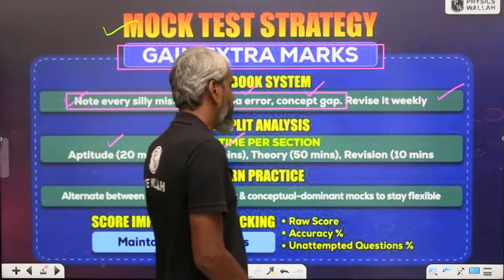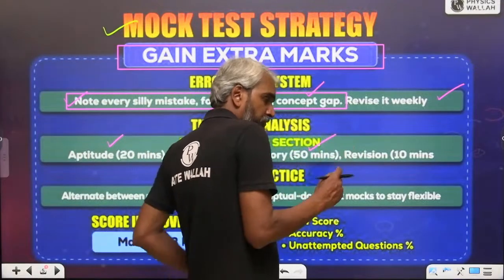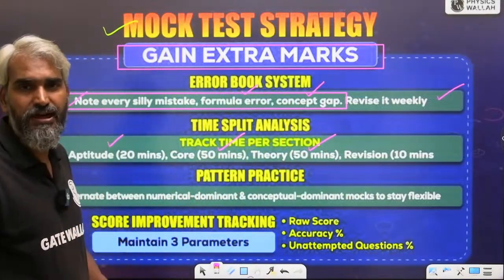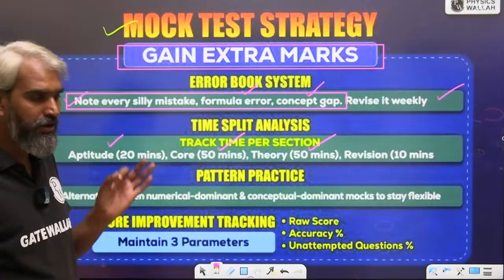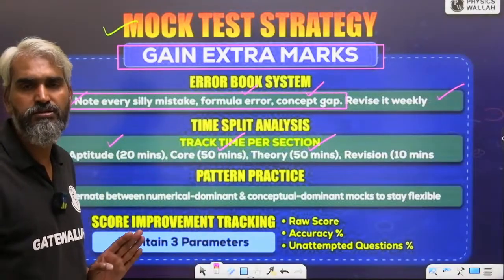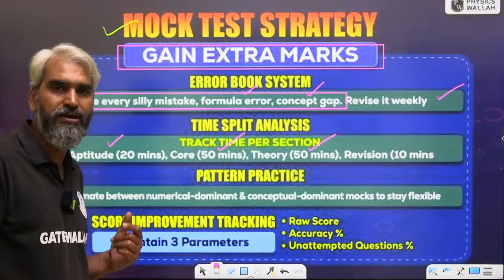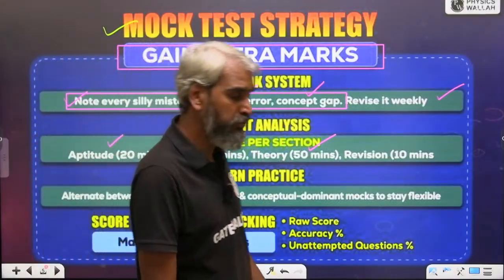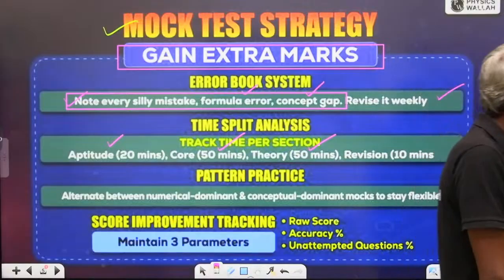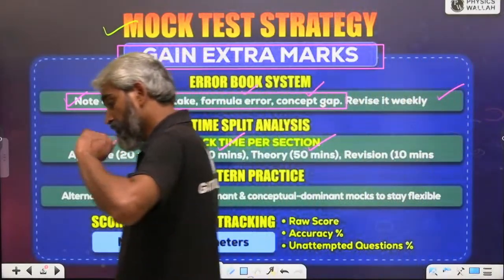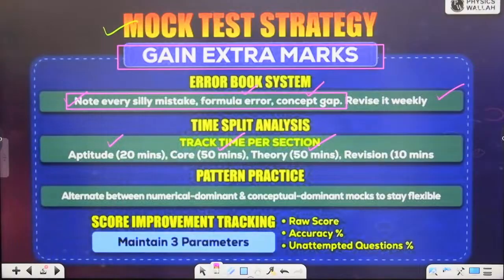Then theory based questions, that means where recalling is required. Please try to understand. If you know the formula, you will apply that formula, and within 45 seconds to 1 minute, you will be able to get the answer. But sometimes some MSQ questions will be there, and mostly the MSQ questions are based on theoretical knowledge of that particular subject.